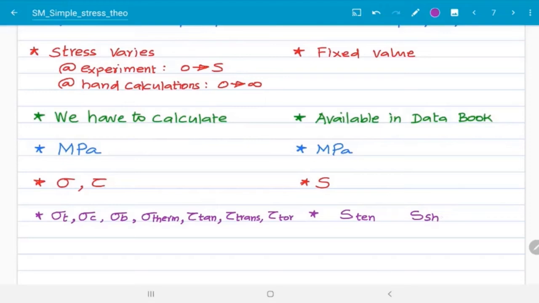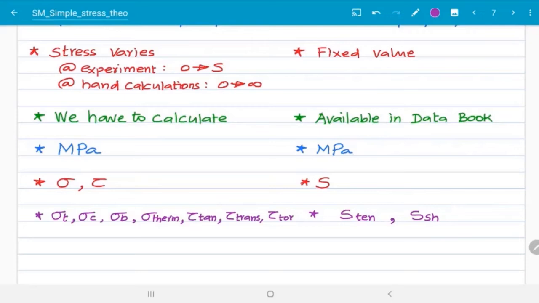Only two types of strengths. Here I will write something extra, not now, after some time. But the names are tensile strength and shear strength.